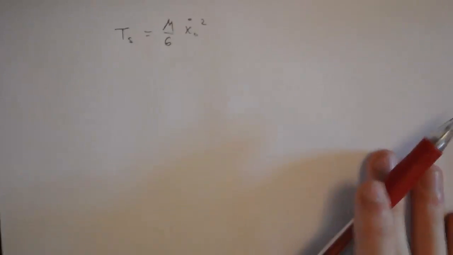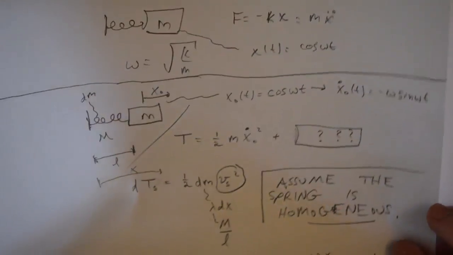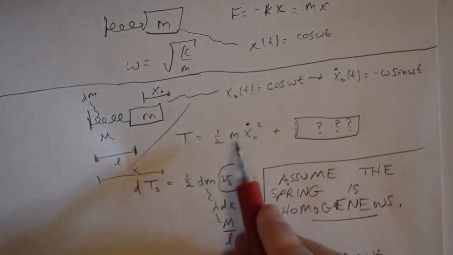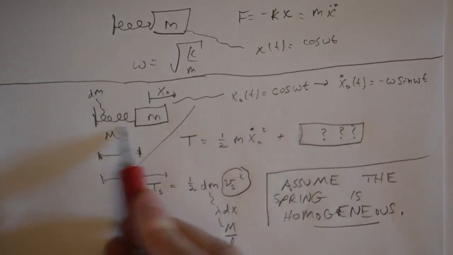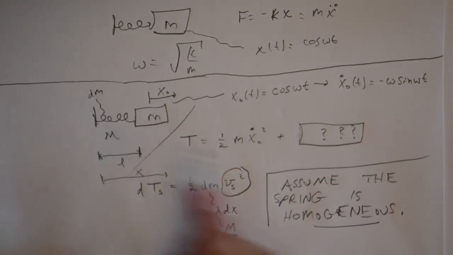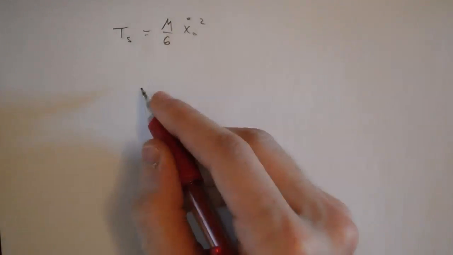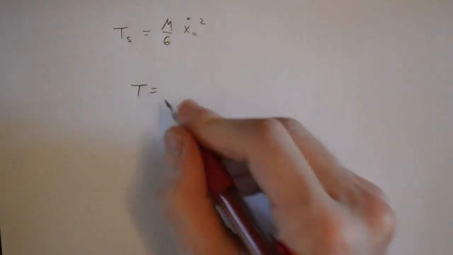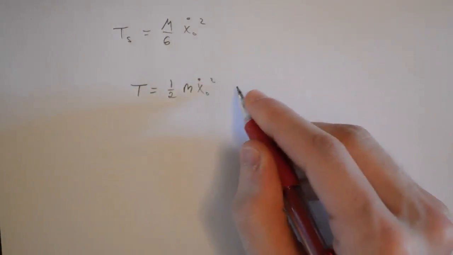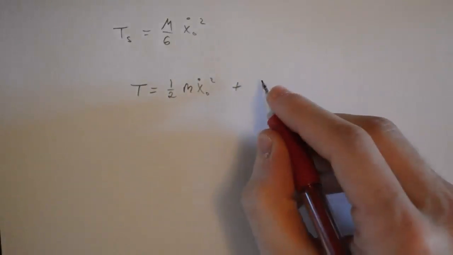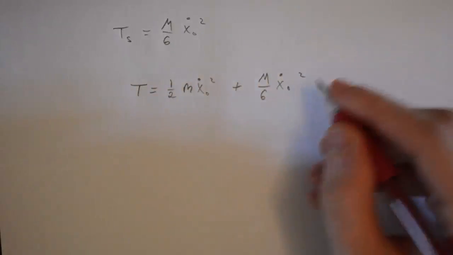So now, what about the total kinetic energy? Let's go back to our total kinetic energy of the entire system. It was 1/2 m x naught dot squared, that was the kinetic energy of the mass, plus some question mark term, which was supposed to be the kinetic energy of the spring. But we just found the kinetic energy of the spring, so we can now plug in. So total kinetic energy equals 1/2 little m x naught dot squared, plus the kinetic energy of the spring, big M/6 times x naught dot squared.